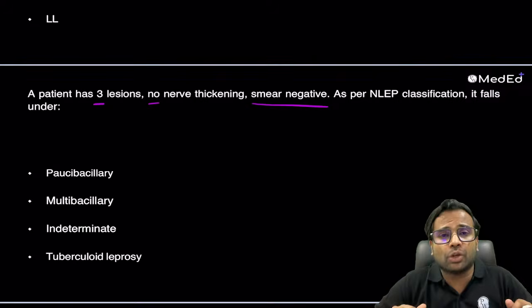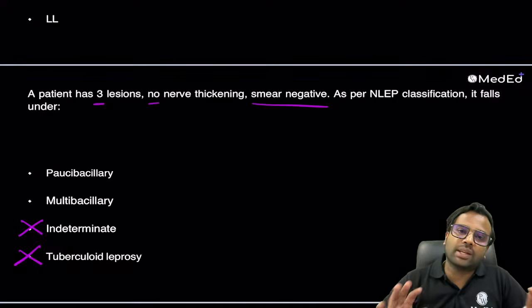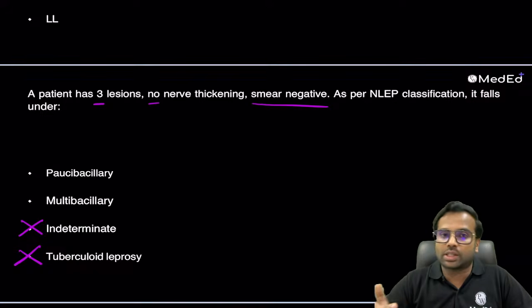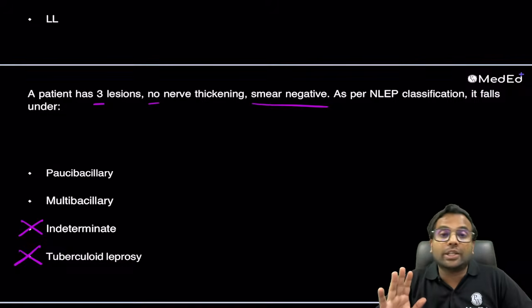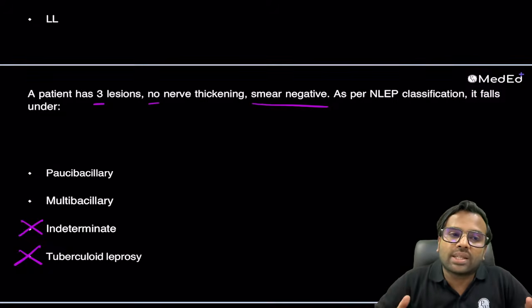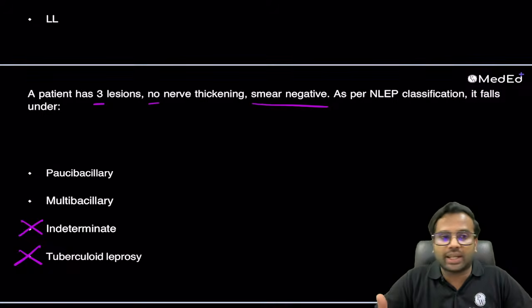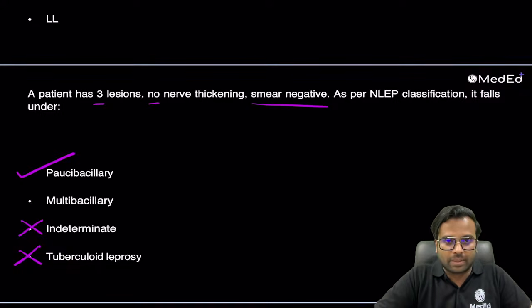Now in this MCQ the easiest thing is you can rule out the last two, because NLEP just divides leprosy into 2, paucibacillary or multibacillary, right? So indeterminate and tuberculoid were in the Ridley-Jopling classification. That is not seen in NLEP, isn't it? So now what is it? 3 lesions, no nerve thickening, and smear is negative. This is seen in paucibacillary leprosy.